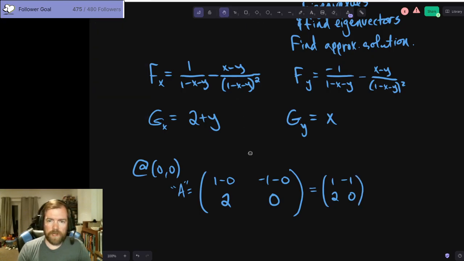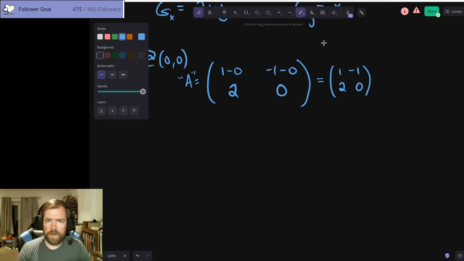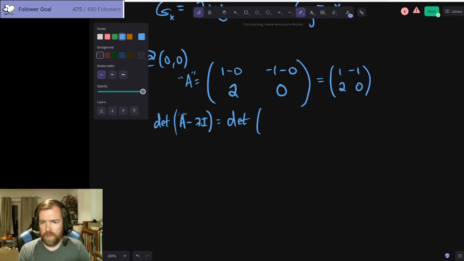And then in order to find the linear system and find all the eigenvalues, we're going to take that and say, all right, do the determinant of A minus lambda I. And that's going to give us the determinant of 1 minus lambda, negative 1, 2, negative lambda.